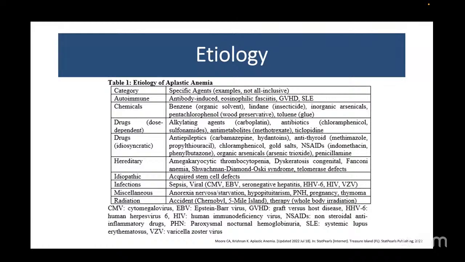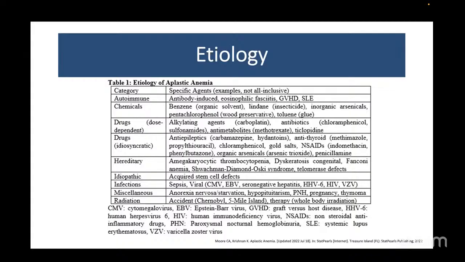Then hereditary causes we must not forget, and they can have a delayed presentation as well. Many a time in the pediatric or adolescent age group, we see post-hepatitis patients developing aplastic anemia.